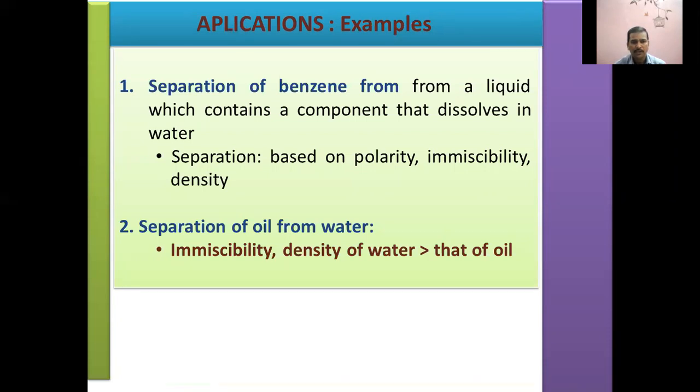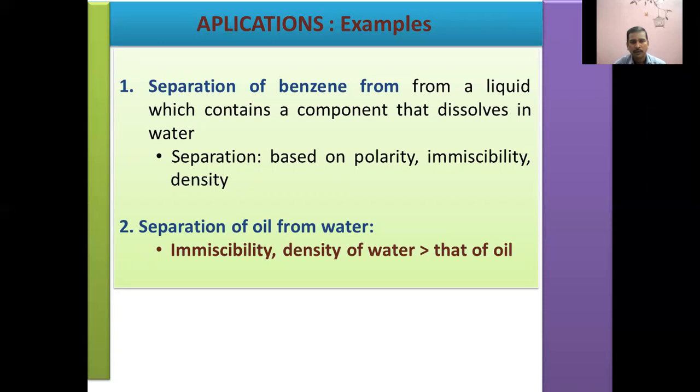Here benzene is an organic compound, and the liquid, because it possesses solubility in the aqueous solvent, that is water, will be the aqueous compound. You take the mixture in water and shake it in a separating funnel. Benzene will be above the water layer, and the liquid having solubility in water will come into water. So that liquid has been separated from benzene.